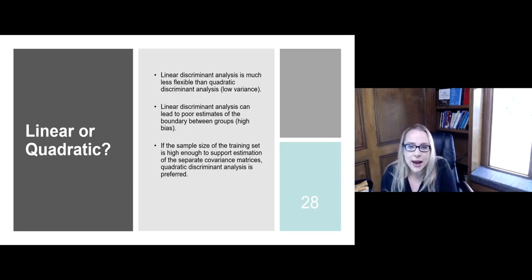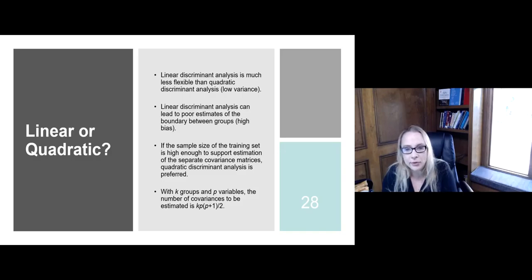If the sample size of the training set is large enough to support estimation of the separate covariance matrices, then quadratic discrimination is going to be preferred. And then with K groups and P variables, the number of covariances to be estimated is determined using this function that you see here, which is K times P times (P plus 1) divided by 2.